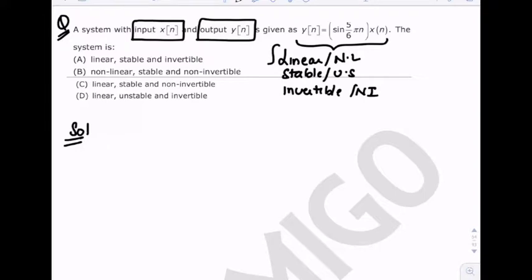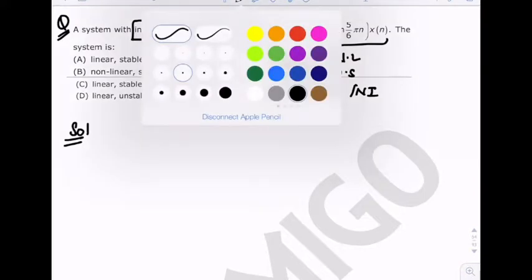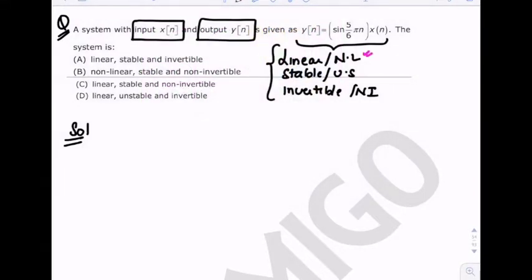So we have to find these three things. Now we already know how to find whether the system is linear or not, and stable or not. We will understand how to find whether the system is invertible or non-invertible.